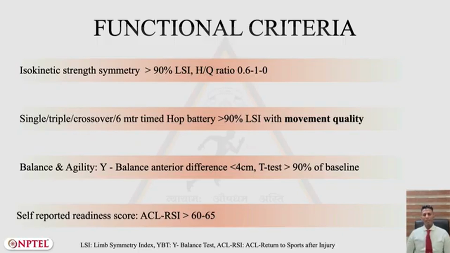Hop testing across multiple planes, single, triple, crossover, and 6-meter hop, should achieve at least 90% limb symmetry index with good landing mechanics. There should be no compensation during these testing methods. Finally, psychological readiness is quantified using the ACL return to sports index, where a score above 60 to 65 indicates adequate confidence and low fear of re-injury.